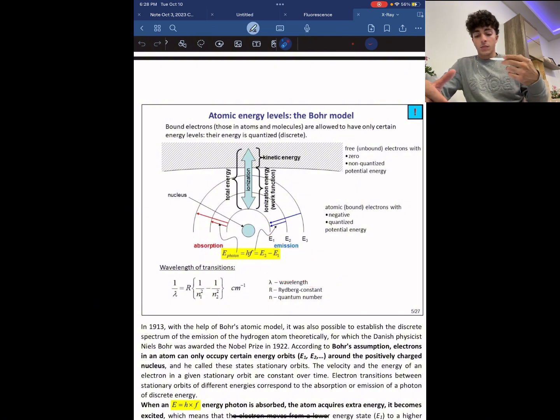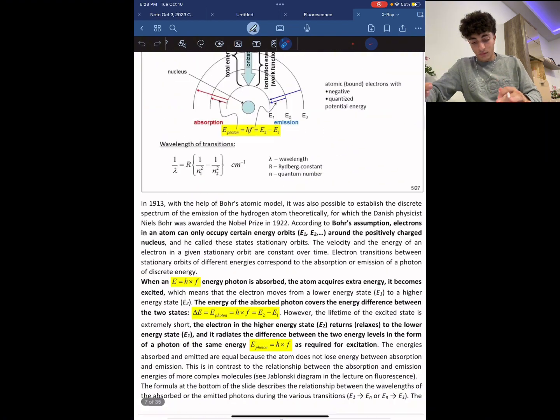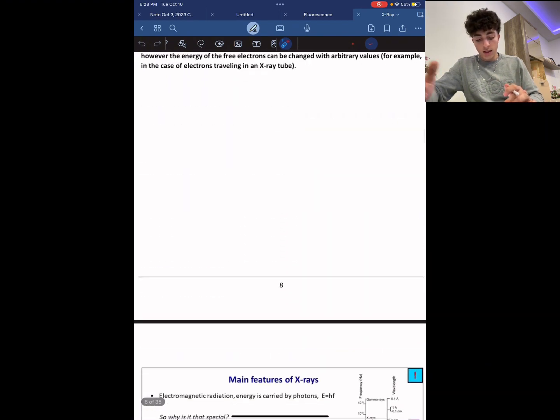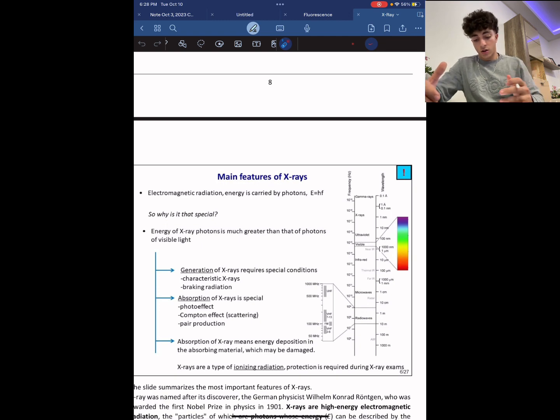Okay, so this is just showing us that if we ionize an electron, it leaves the atom and turns into kinetic energy. You don't need to know this, you just need to know this. Again, this is not really X-ray. This is just the stuff you should know before that.